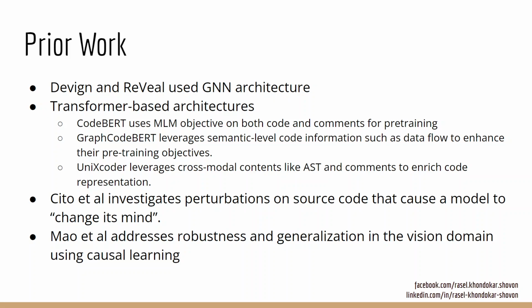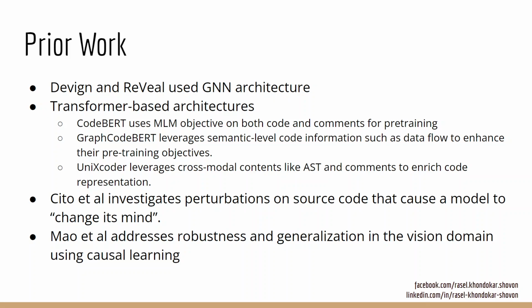They used this technique on both code and comments for pre-training. GraphCodeBERT leverages semantic information of code such as data flow to enhance pre-training objectives. UniXcoder was another work that leverages cross-modal content like AST and comments to enrich code representation.